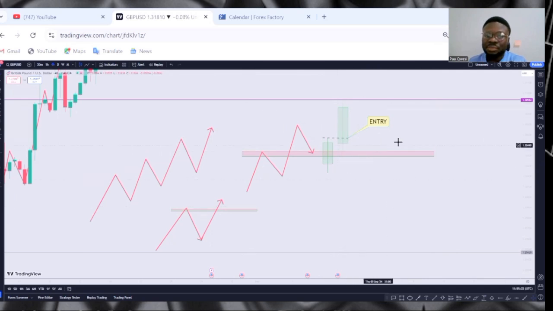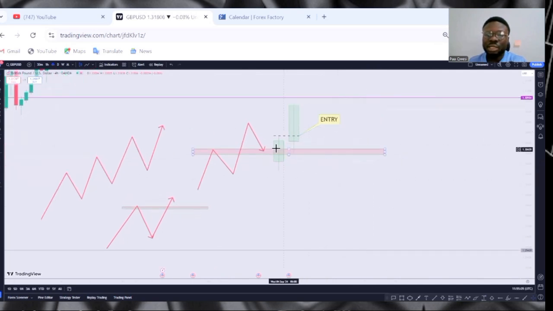So if the market has broken this one, if the bullish candle breaks, I'm expecting the next bullish candle to break above this one.